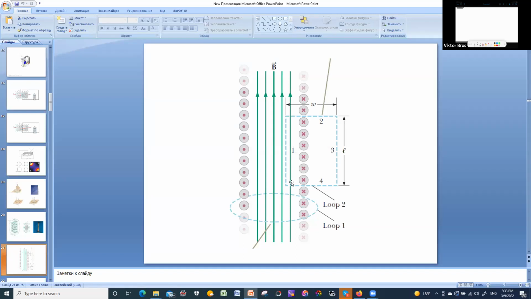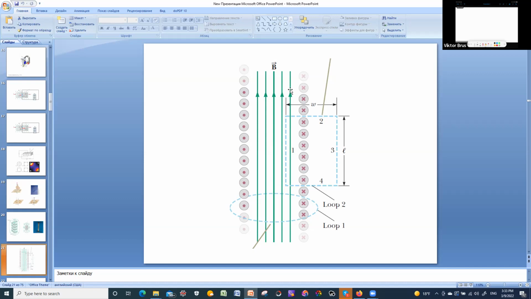So we see that sides 2 and 4 are perpendicular to magnetic field vectors.